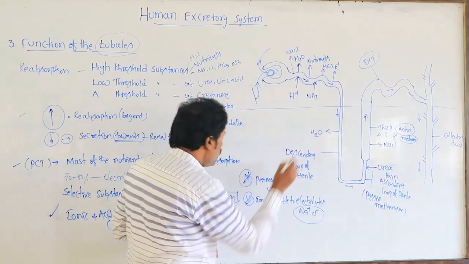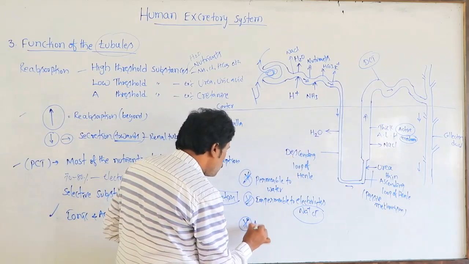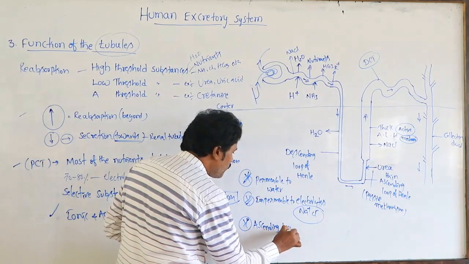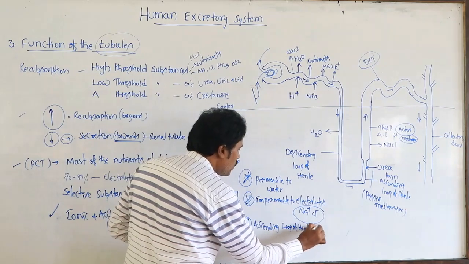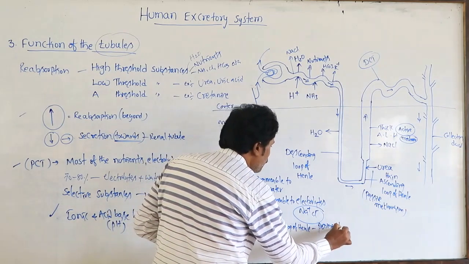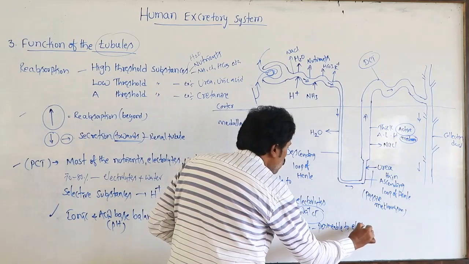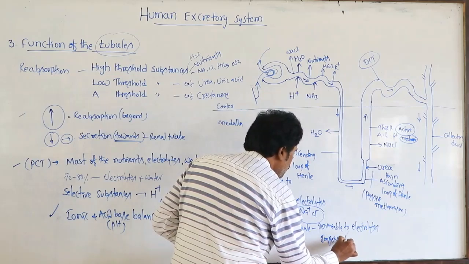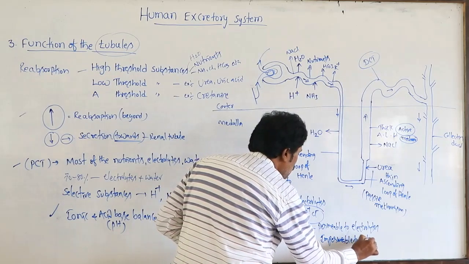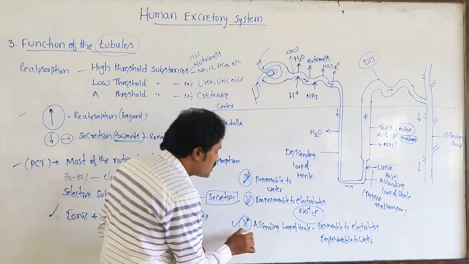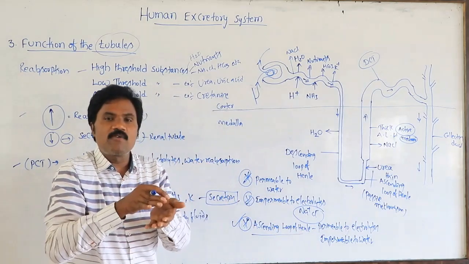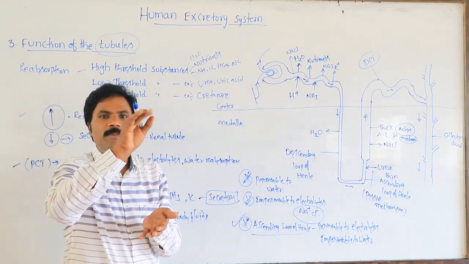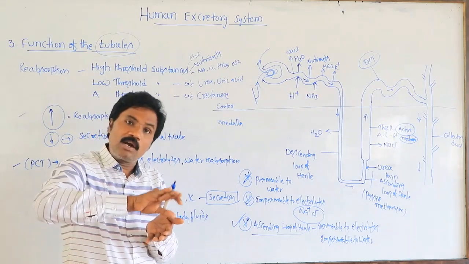Another very important point: the ascending loop of Henle is permeable to electrolytes, whereas impermeable to water. This point is very important. In the ascending loop of Henle it is vice versa, reverse. In descending, water is permeable and electrolytes are impermeable. Whereas in the ascending loop of Henle, water is impermeable and electrolytes are permeable.